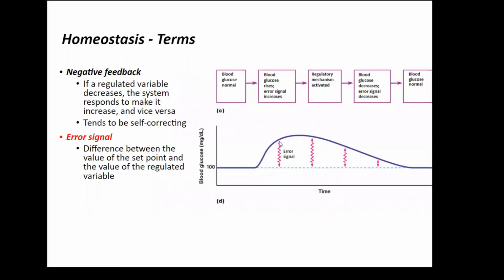We want to bring that back down. We want to get rid of this error signal. We want to get back down to our set point. And this is called negative feedback. As this regulated variable increases, we don't want that, so via negative feedback, we pull it back down.